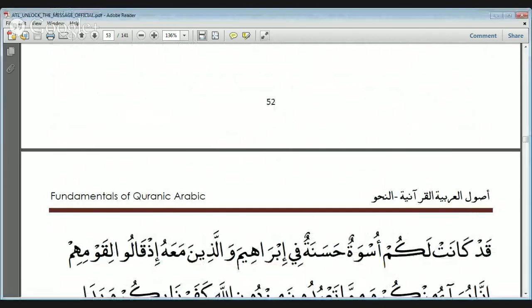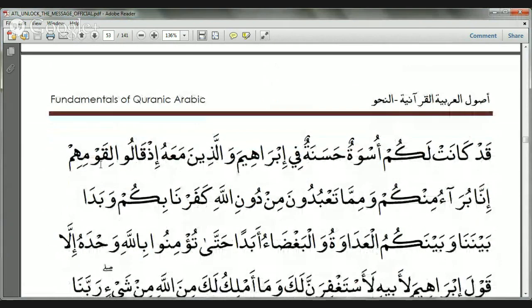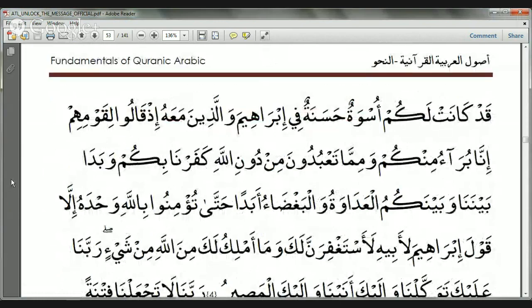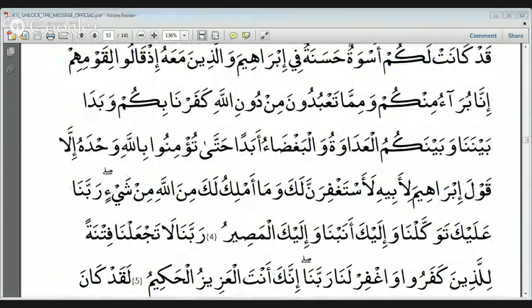So let's do some Quran. Is this what I'm looking? Suratul. I think Talaq was what I was looking for.